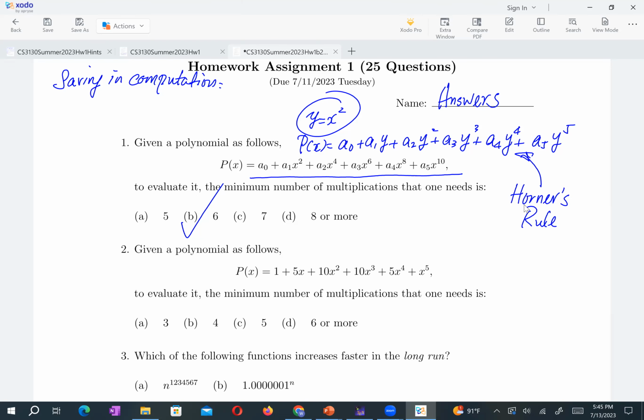There is a general idea or approach for saving in computation. So what's that? Reuse your resource.